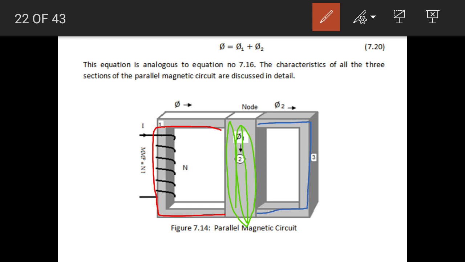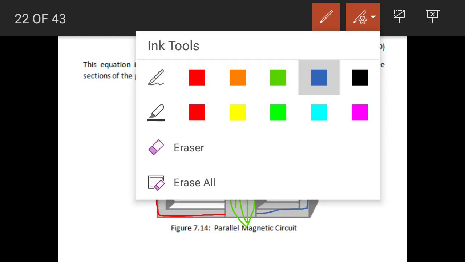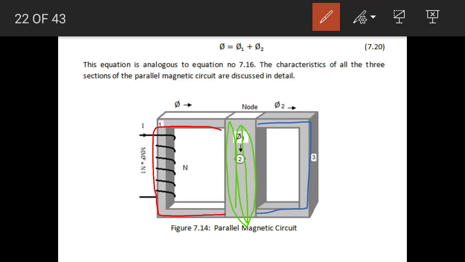So the material number 1 is known as the left limb of this magnetic circuit. Material number 2 is known as the central limb of this parallel magnetic circuit, and material number 3 is known as the right limb of this parallel magnetic circuit.